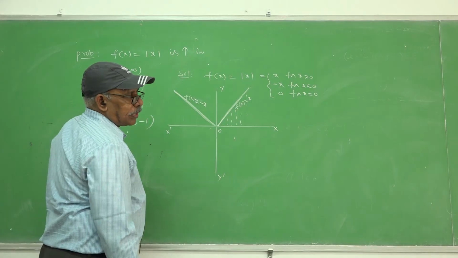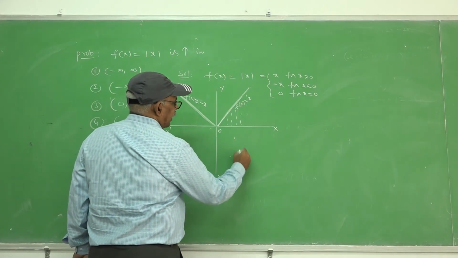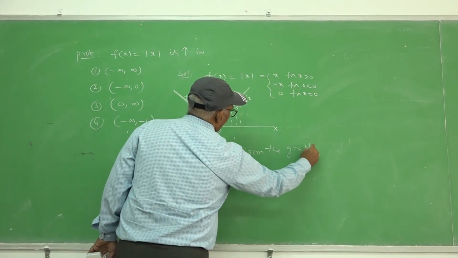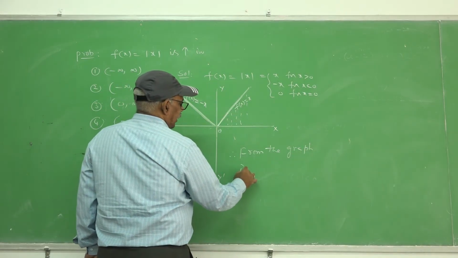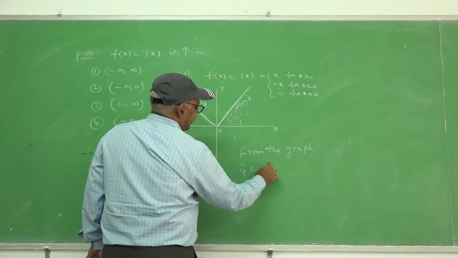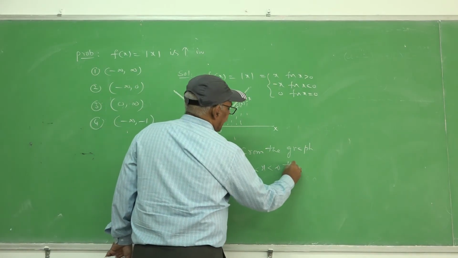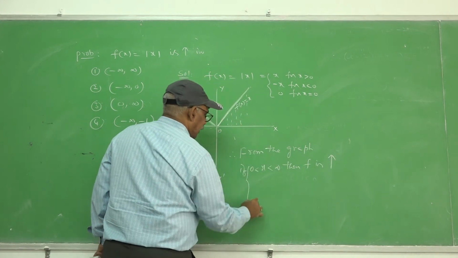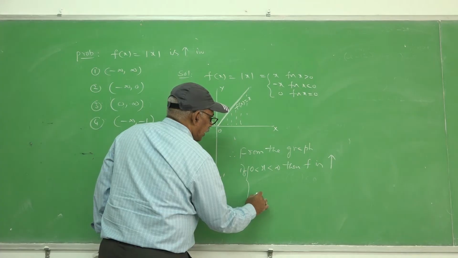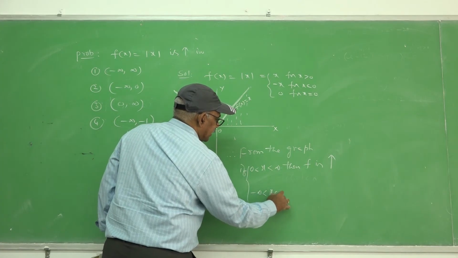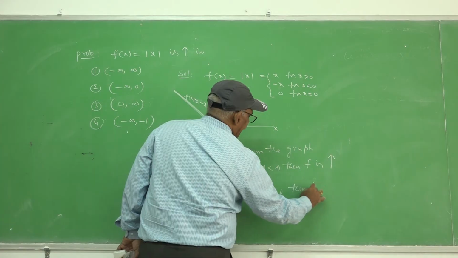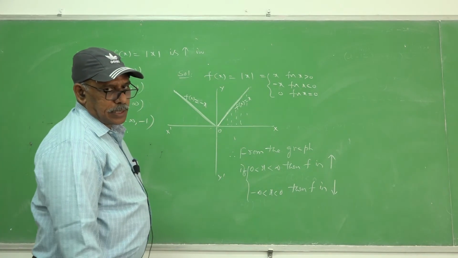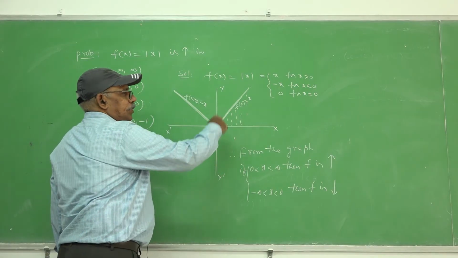From the graph you can conclude that if x lies between 0 to infinity, then f is increasing, and whenever minus infinity is less than x is less than 0, then f is decreasing, and it takes stationary value at x equal to 0.